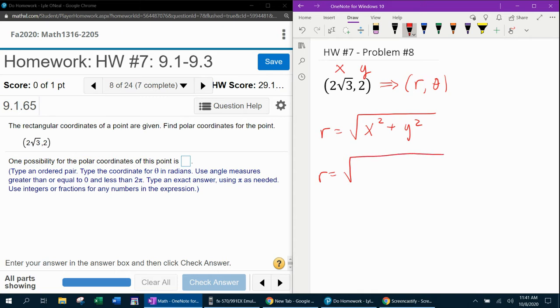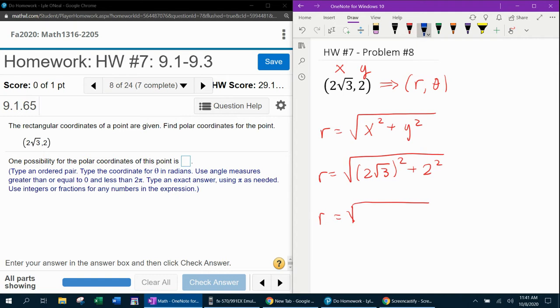which is going to be the square root of 2 square root of 3 squared plus 2 squared. And at this point, this is a little tricky. I highly recommend the use of the calculator, but let me show you how to do that manually, just in case you need to know that.